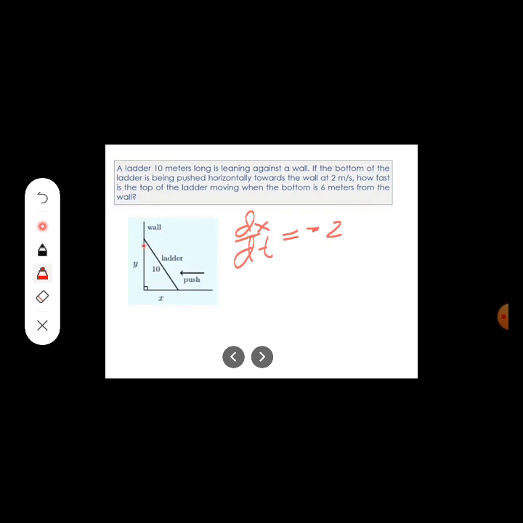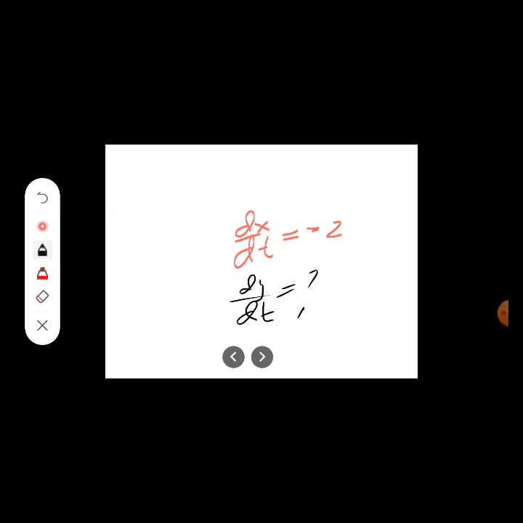So we're asked to find dy over dt when x is equal to 6 meters. We can apply the Pythagorean theorem, which is x squared plus y squared equals 100.